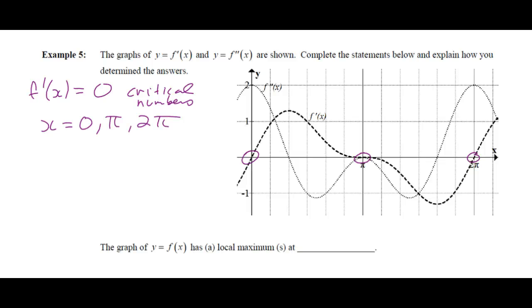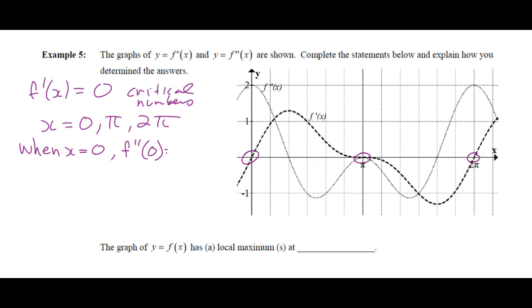Although the scale could just be in terms of. All right, so then what? When x equals 0, what's f double prime of x? f double prime of 0 is 2, but we'll just call that positive.